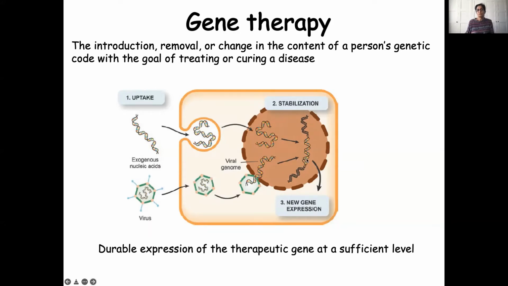I'll talk about which type of genes in a minute and how we put them in. But the ultimate aim is that we want durable expression of the gene that we want the cell to have at a sufficient level. So gene therapy is the introduction and expression of a therapeutic gene in the target cell that we want it for.